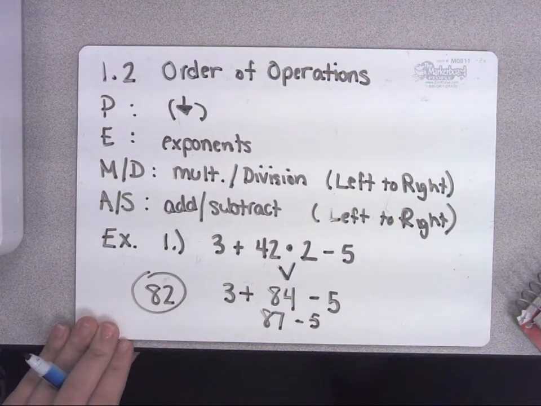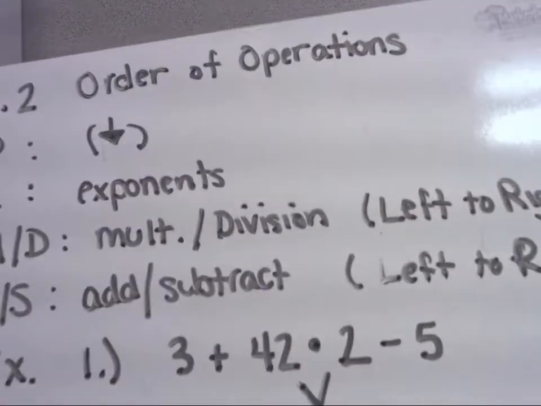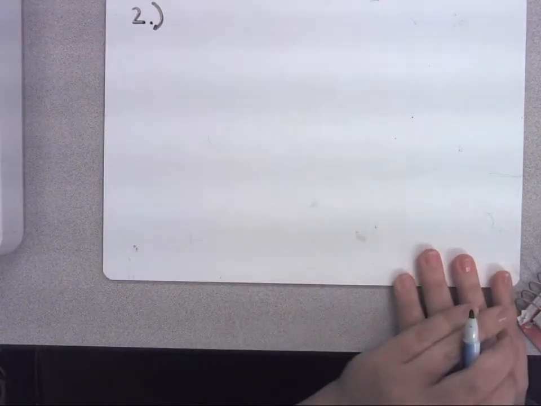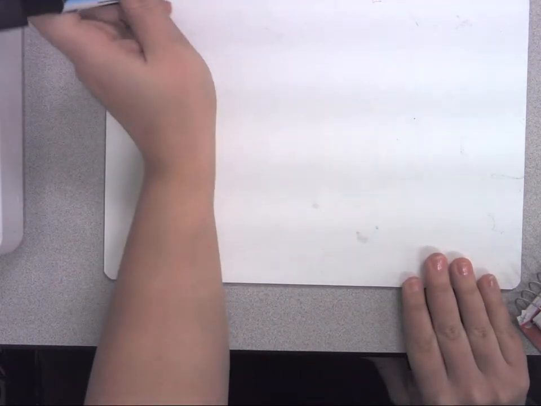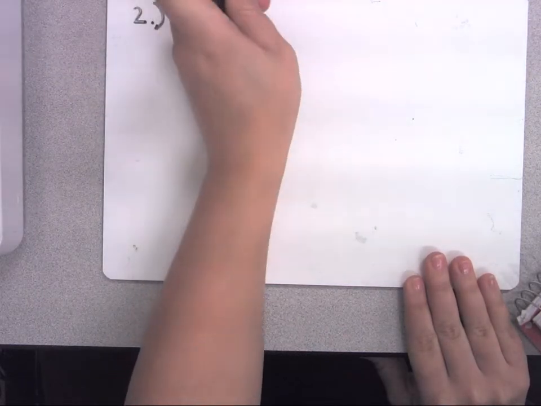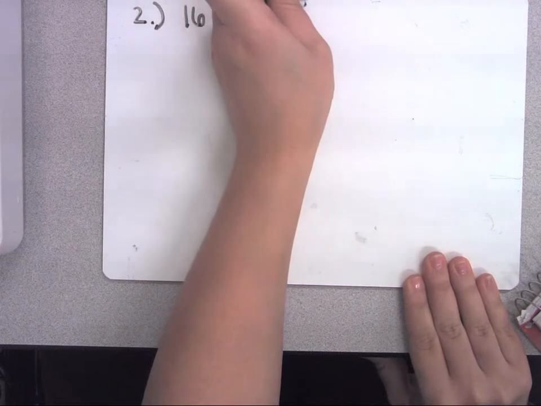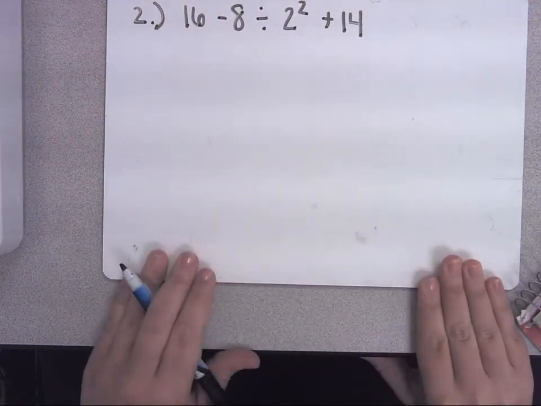Let's try a harder problem, maybe with some parentheses in it. Okay, example 2. Let's try powers first. Let's start there. 16, subtract 8, divide by, we're using the symbol, 2 squared plus 14.